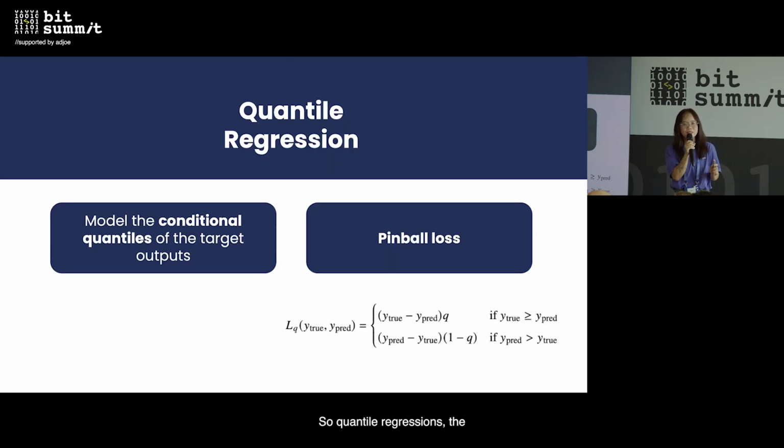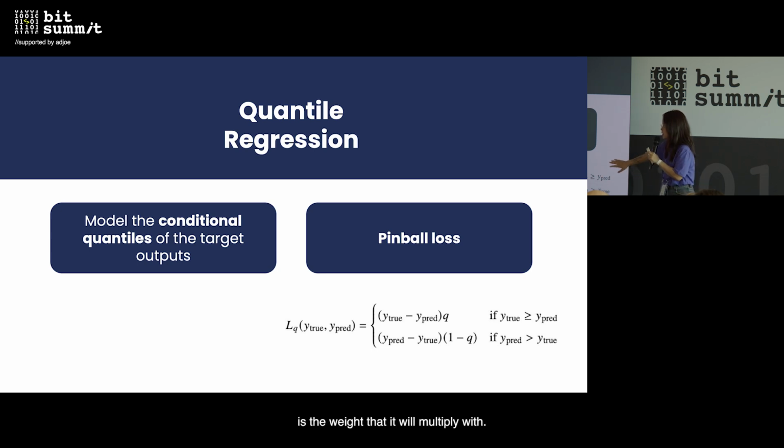With quantile regression, the idea is similar to regression, but it also models the conditional quantiles of the target. So how does it do that? It uses the pinball loss. And how is this loss defined? There are two parts. The first part is the distance between the true target and the predicted target.